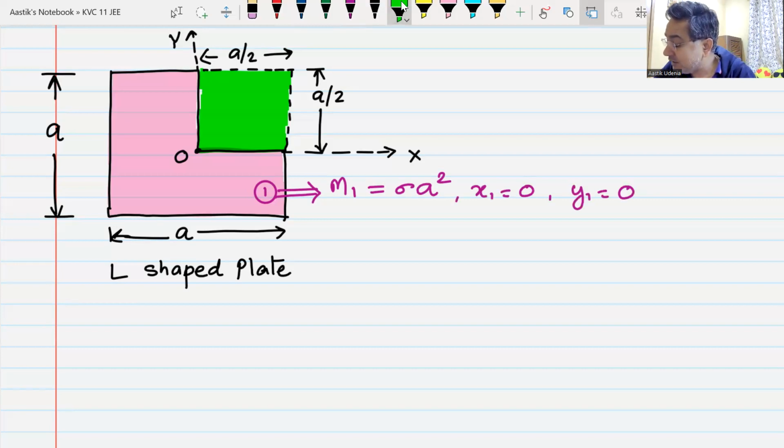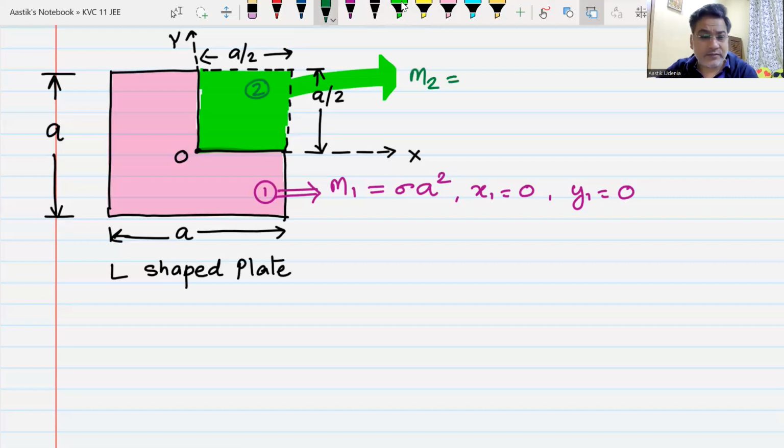Then I take this body, which is body number 2. This body number 2 is a body of negative mass that has been put. The value of M2 is sigma into the square of side a by 2, so it becomes minus sigma into a square by 4. Do we understand this? Its center of mass lies at the center of this body.